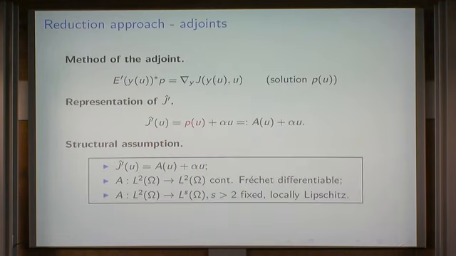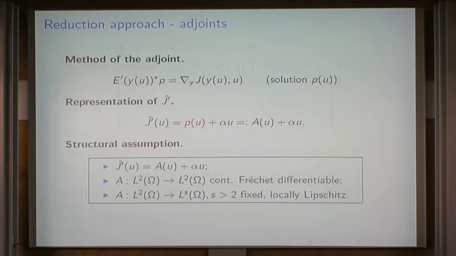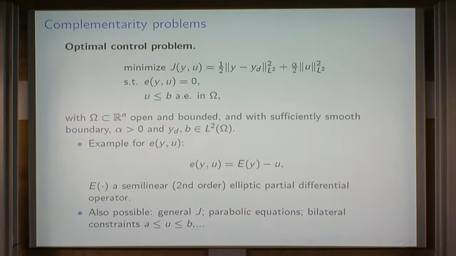But the nice thing is now we have this format of the derivative. And now we have to also think a little bit about regularity. Let's assume we are in this setup again here. U is in L2, and the derivative is in L2 upon identification with its dual. This is already clear from this term here. Now there's the P of u. How do we get to the P of u? Well, first we solve, given u, a PDE.